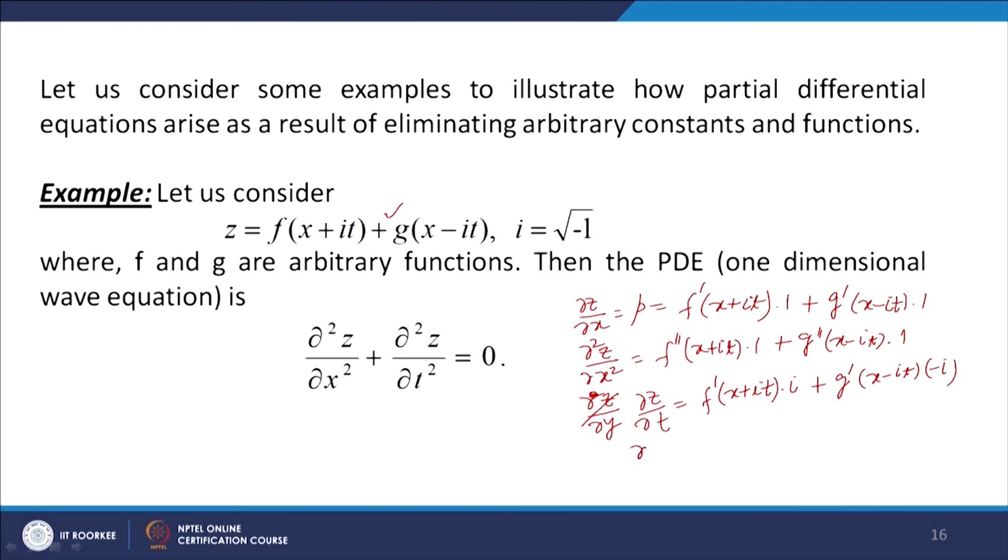When we differentiate it once more with respect to t, we get f double prime (x plus it) into i square, and here g double prime (x minus it) into minus i whole square. So, this will be minus f double prime (x plus it) plus g double prime (x minus it).